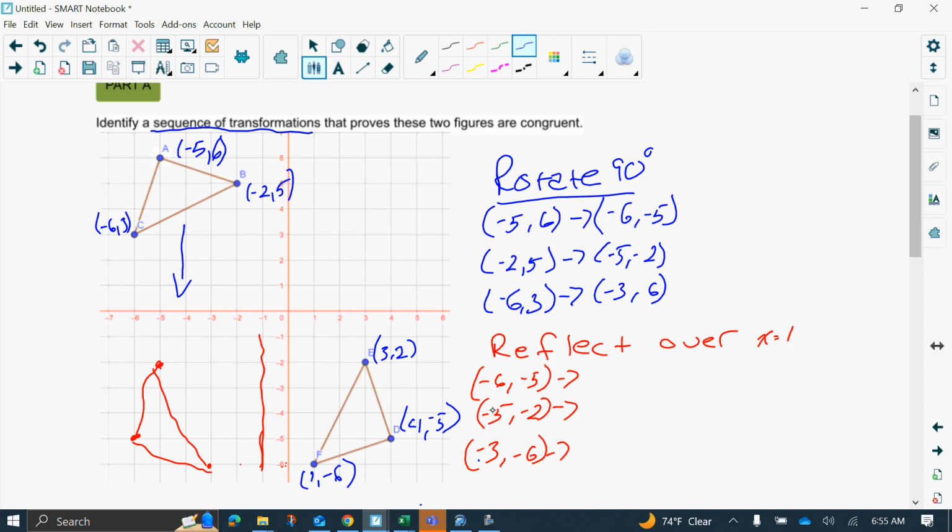I think I made a mistake, but we'll see. 2 times 1 is 2, minus negative 6 is 4.